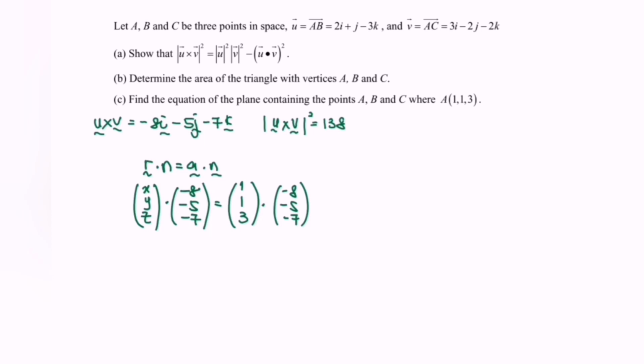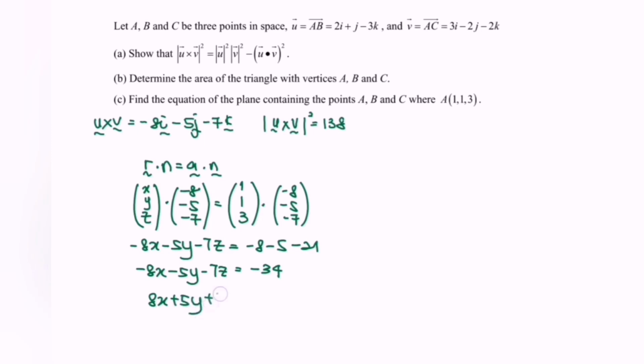So kindly dot, where we have negative 8x minus 5y minus 7z is equal to negative 8, negative 5, negative 21. Simplify, and we have negative 8x minus 5y minus 7z is equal to negative 34. So in conclusion, 8x plus 5y plus 7z is equal to 34.